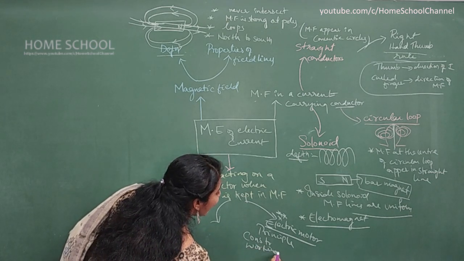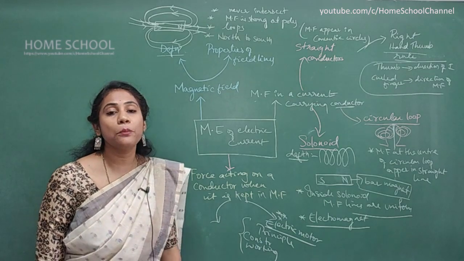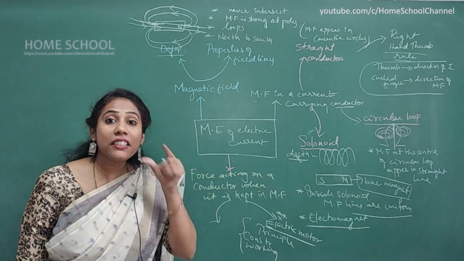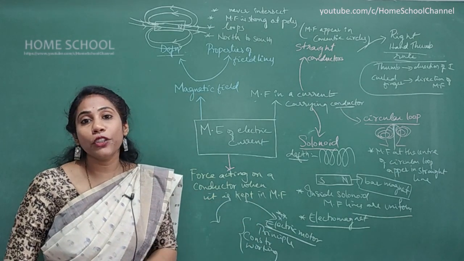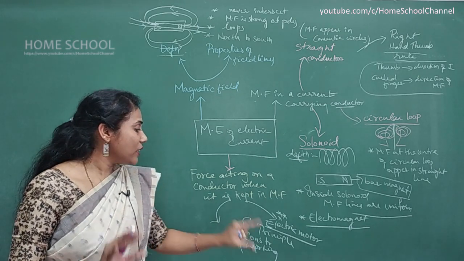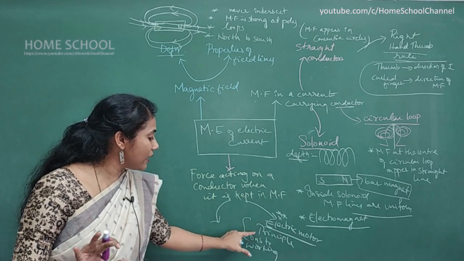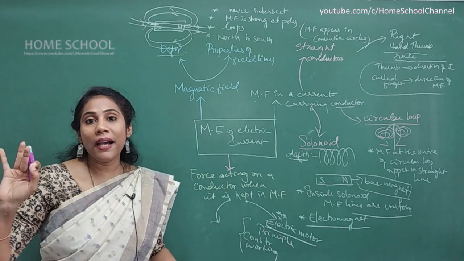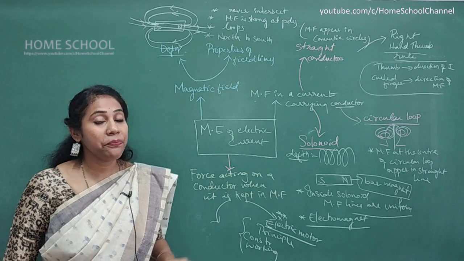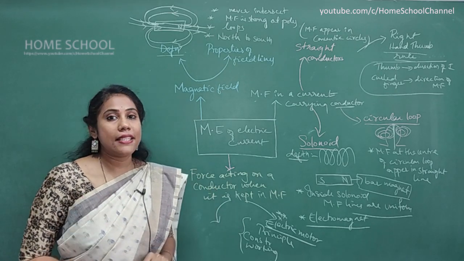So all three aspects are very, very important. What mainly happens in an electric motor is that electrical energy is converted into mechanical energy, right? So it can be asked for 3 marks. You have a diagram, principle, construction, working. For 3 marks, it may be a compulsory question. Either electric motor or electric generator is compulsorily asked.